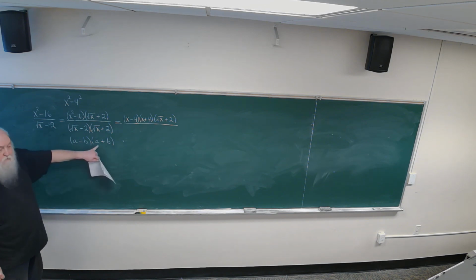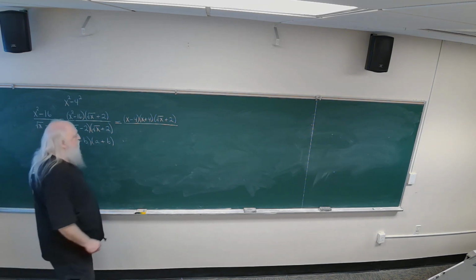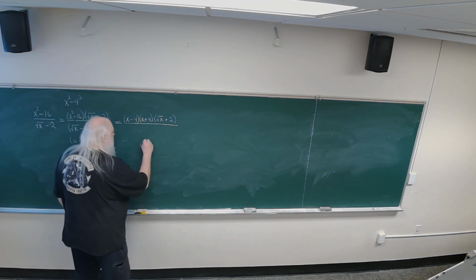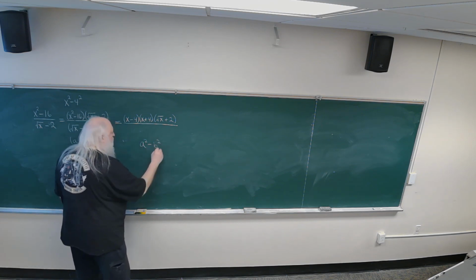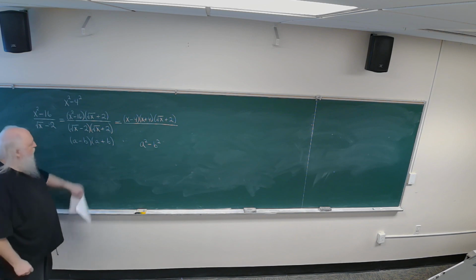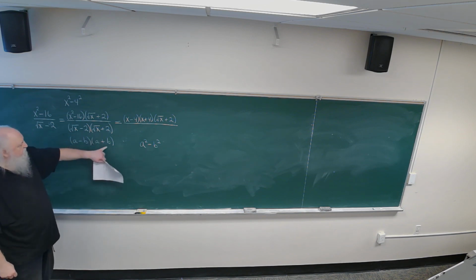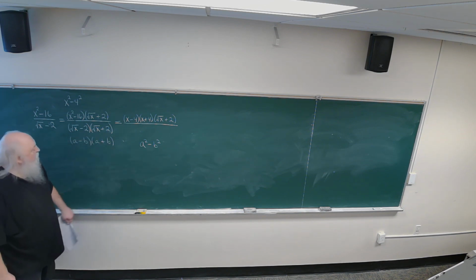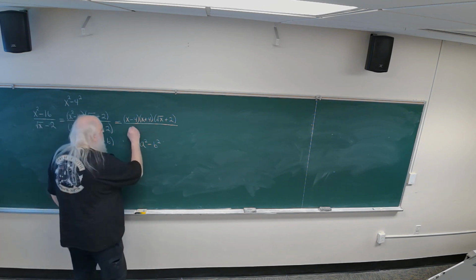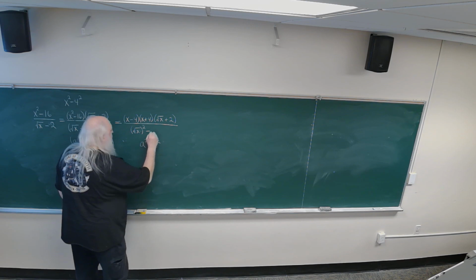The denominator, a minus b times a plus b, boils down to a squared minus b squared. Well, a in this case is the square root of x, b is 2. So the denominator boils down into the square root of x squared minus 2 squared.